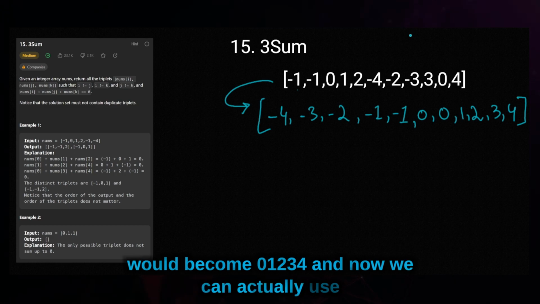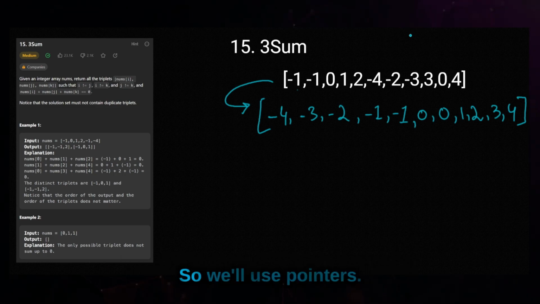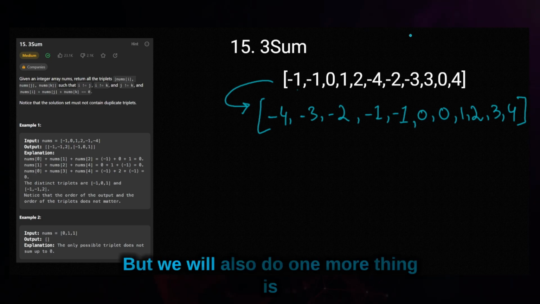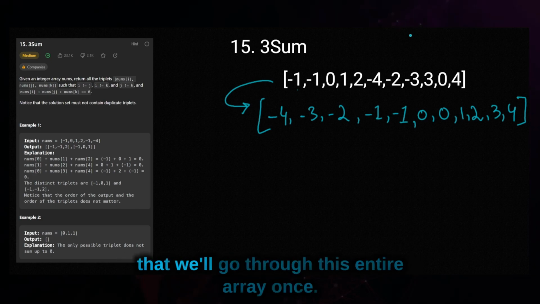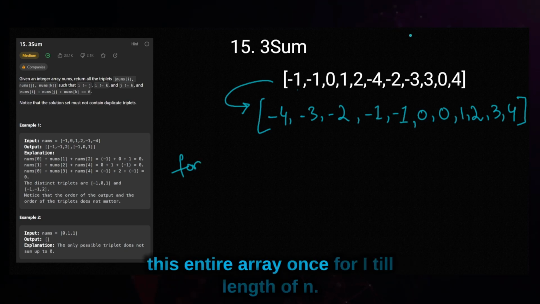Now we can use our logic, which is to use pointers. We will also go through this entire array once, so we'll create a for loop that goes through this entire array once, for i till length n.